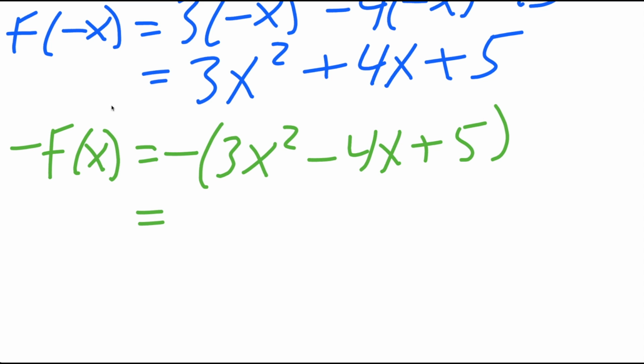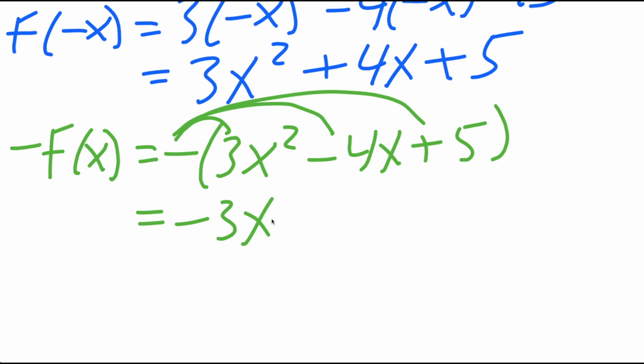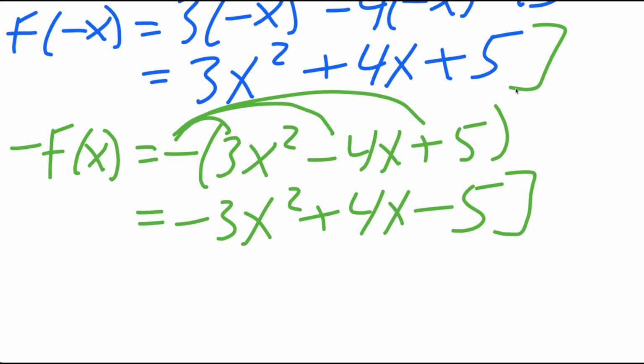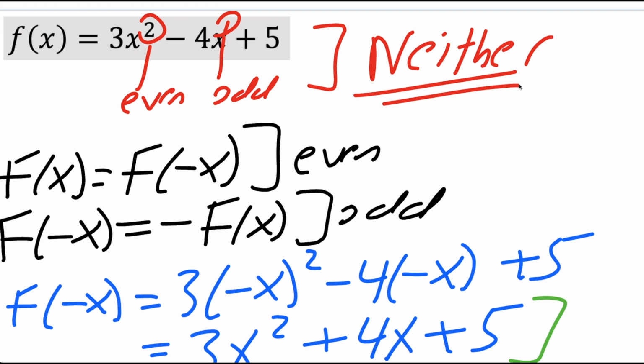Again, we have to distribute this negative to all three pieces. So we get a negative 3x squared, a negative negative gives you a positive 4x, and a negative positive gives you a negative 5. And again, you notice this piece does not match this piece, so it's also not an odd function. And that's pretty much it to determine if a function will be even, odd, or neither.